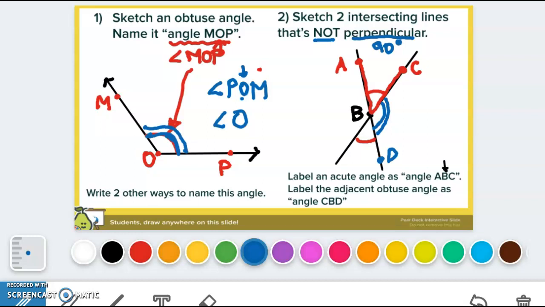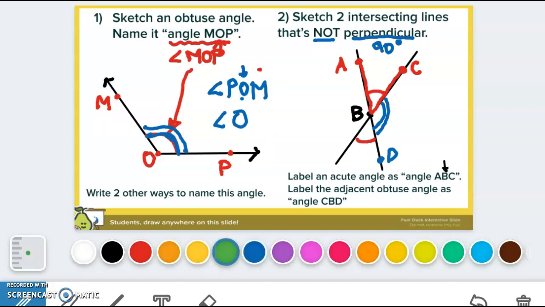Okay, this time I want you to write a statement saying that angle MOP is congruent to angle CBD. How do I do that? What is the statement going to be? Let's do it in green.